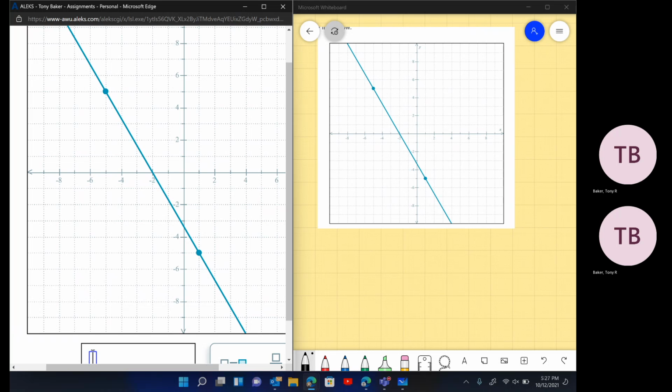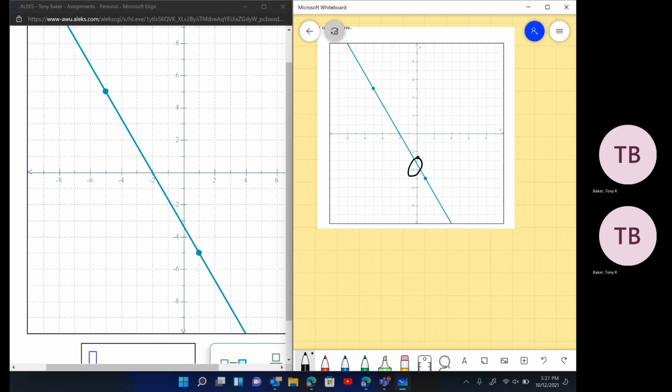All right, so in this one, again, I don't have a y-intercept. I don't have that number right there. So I'm going to use my point. So we'll use this point, which is 1, -5. And now let's do my slope. I'm going to go down and over.